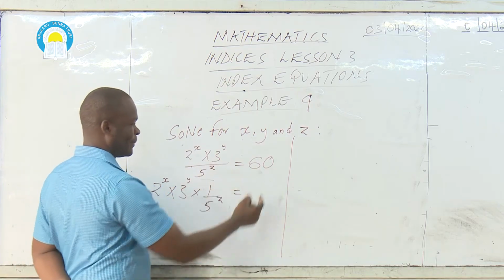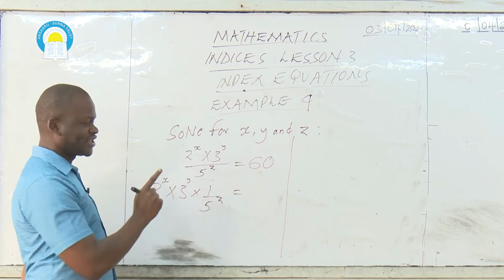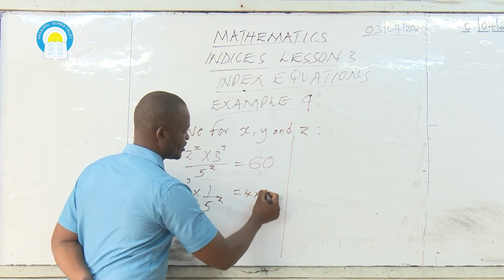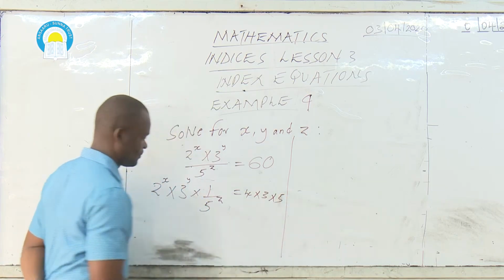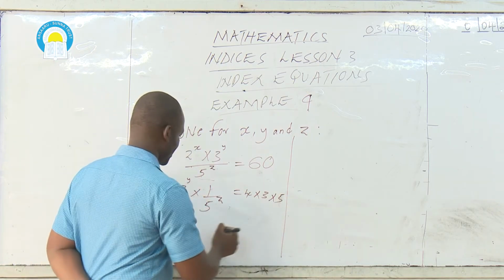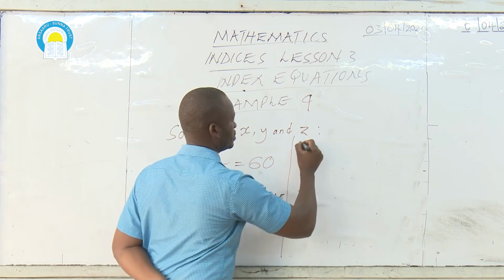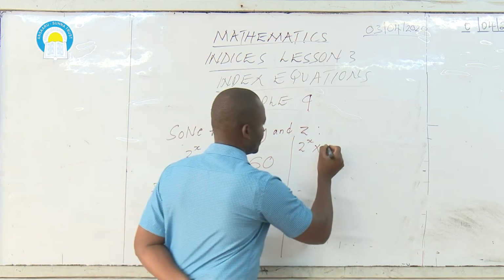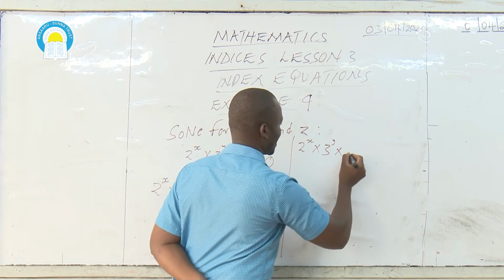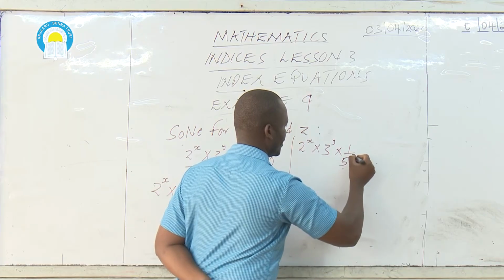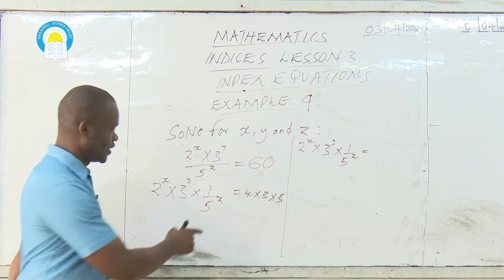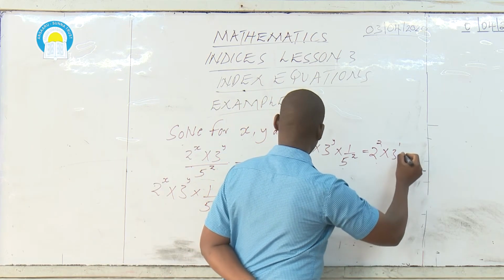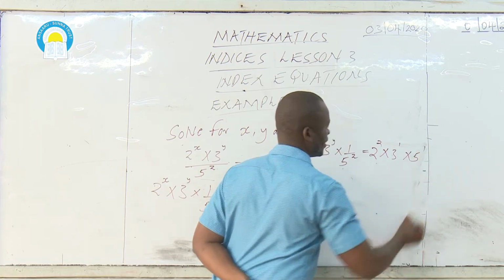Then 60 is broken down into 4 times 15. Now, 15 is 3 times 5. Our next step, we shall have 2 to power x times 3 to the power of y times 1 over 5 power z equals 4, which is the same as 2 power 2, 3 power 1, then times 5 power 1.